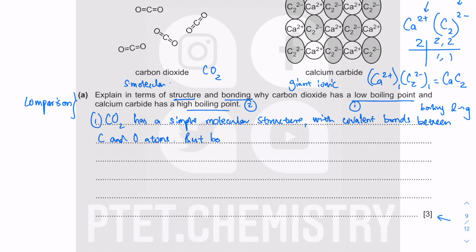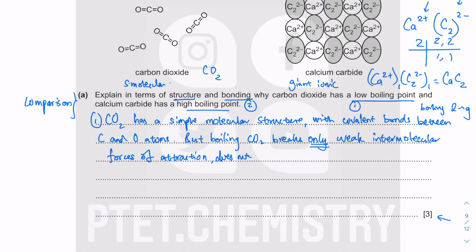But boiling CO2 breaks only weak intermolecular forces. Intermolecular means between the molecules you have forces of attraction, so it doesn't really require a lot of energy. Okay, does not need a lot of energy. Therefore, low boiling point.